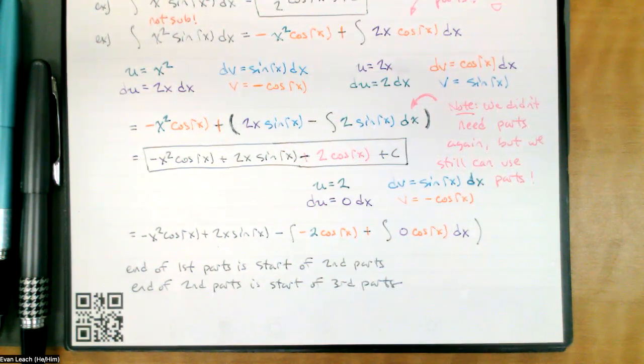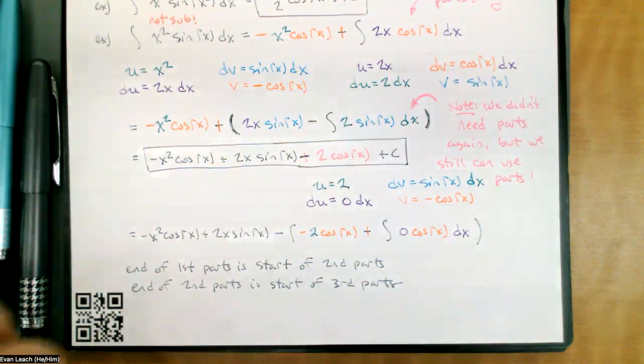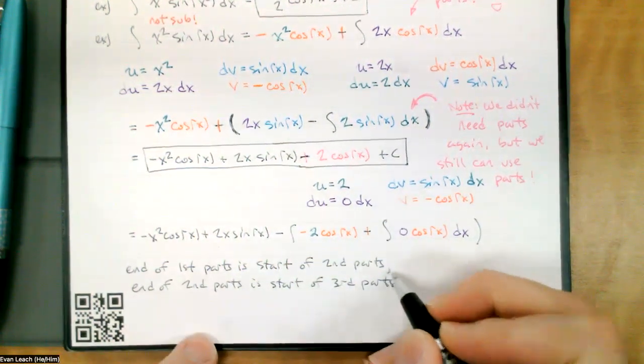So, because we want to do less writing, the goal of math class is to stop writing all this math all the time. We're going to combine all of our parts. We're going to do all our parts at once, because this just keeps going on.